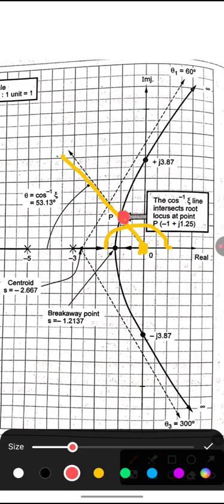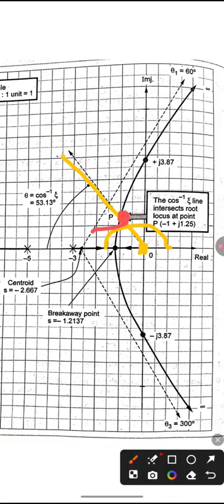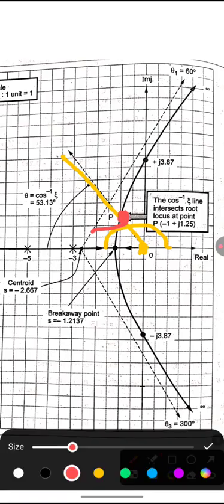Where it joins, if you put a straight line, you observe, and that point you mark as p. After marking p, you put a straight line here and a straight line here. With that point, observe what value you get on the x axis and what value on the y axis. That is the coordinates of p, minus 1 plus j 1.25.